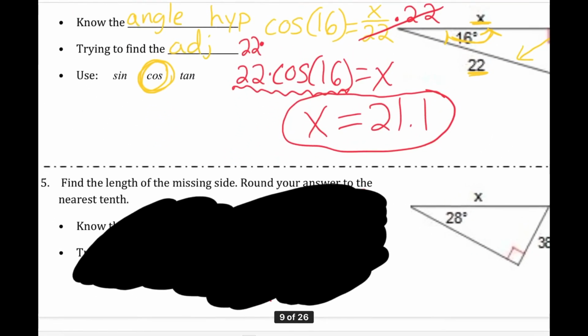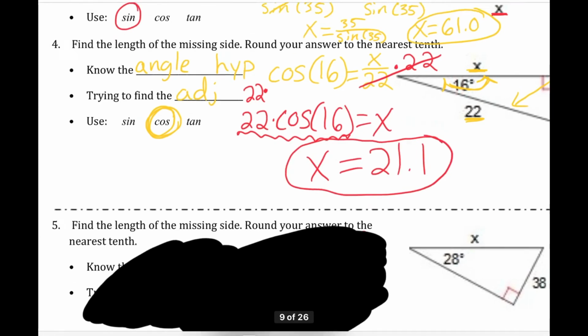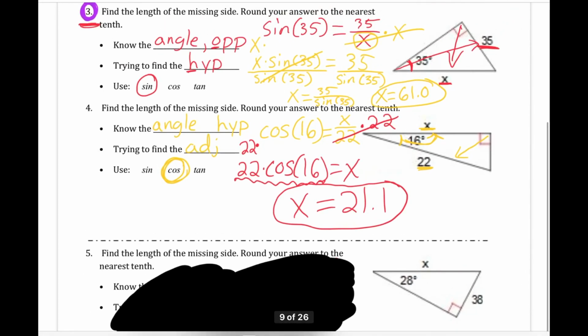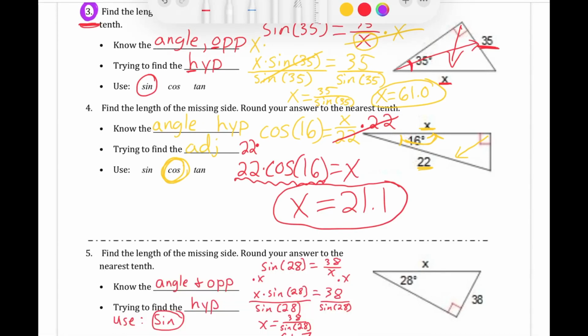If you will, pause the video and attempt number 5. So for number 5, you should have gotten x equals 61.7.